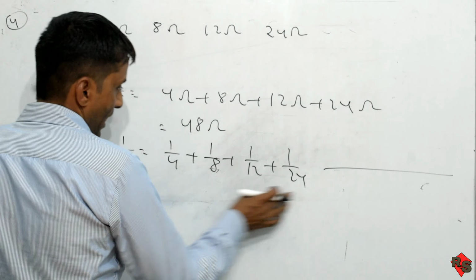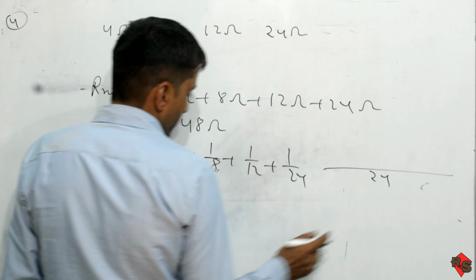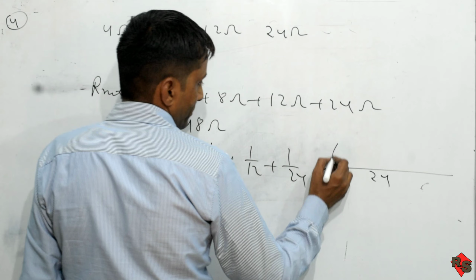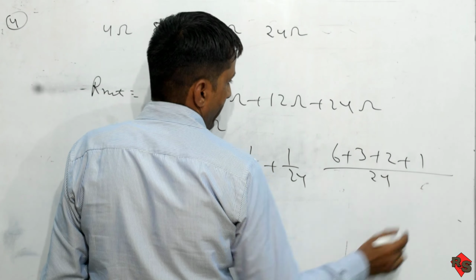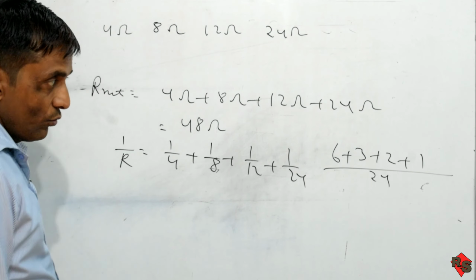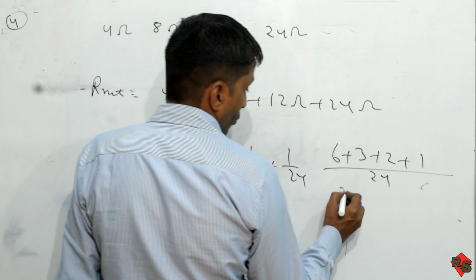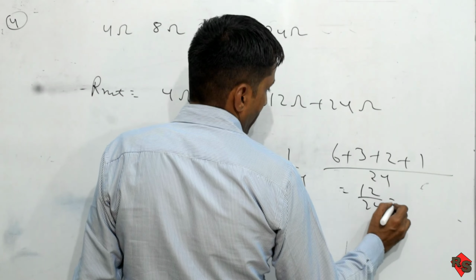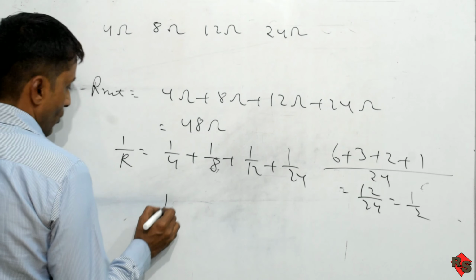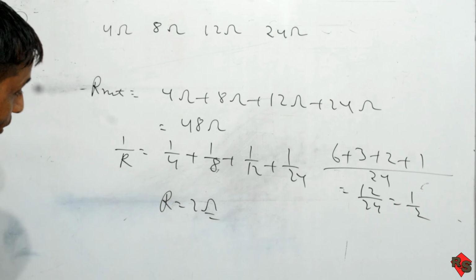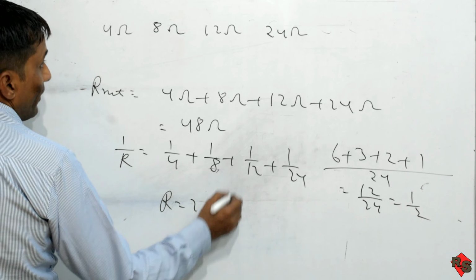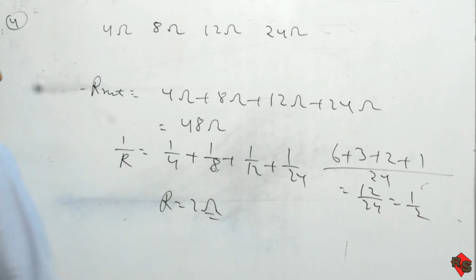Here the LCM is 24: 6, 3, 2, 1, that is 12 upon 24, that is 1 by 2. So R is equal to 2 ohm. So in parallel, the R equivalent is 2 ohm, that is the lowest, and in series 48 ohm. That is clear?